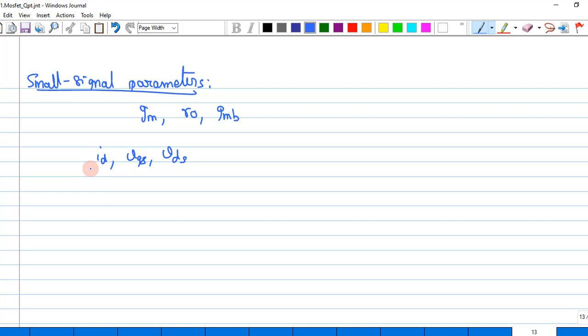And that is what our small signal model will try to do for us. Is that clear? So the small signal model interrelates all of these incremental changes that are happening around the circuit.